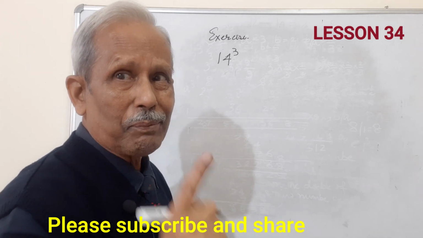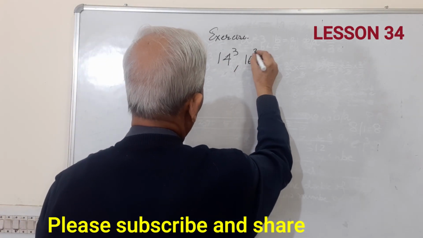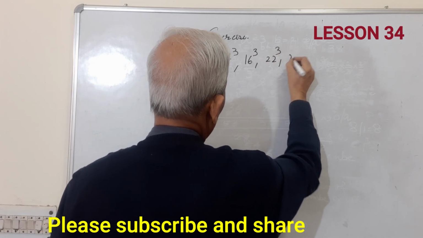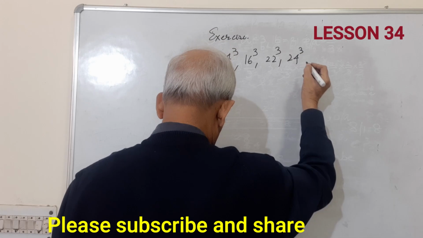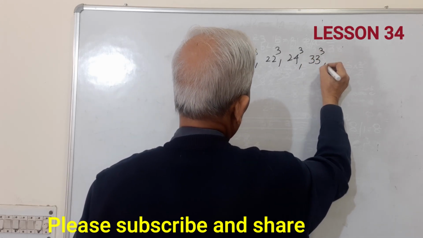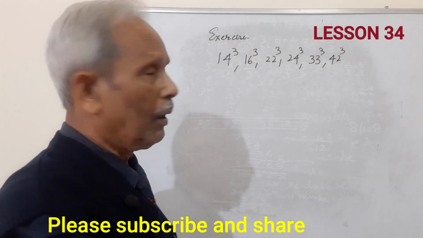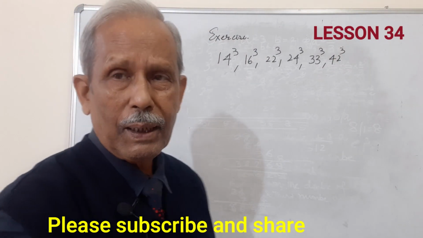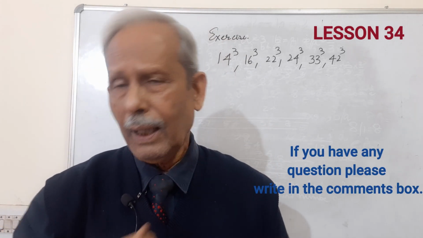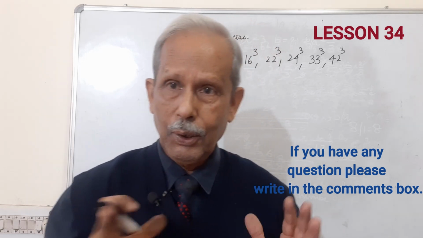Whatever method I have told you, you have to follow that. 14 cube, 16 cube, then 22 cube, then 24 cube, then 33 cube, then 42 cube. You should practice all these numbers yourself, and you can make your own questions and solve them. I hope you'll be able to do that very easily without much problem.